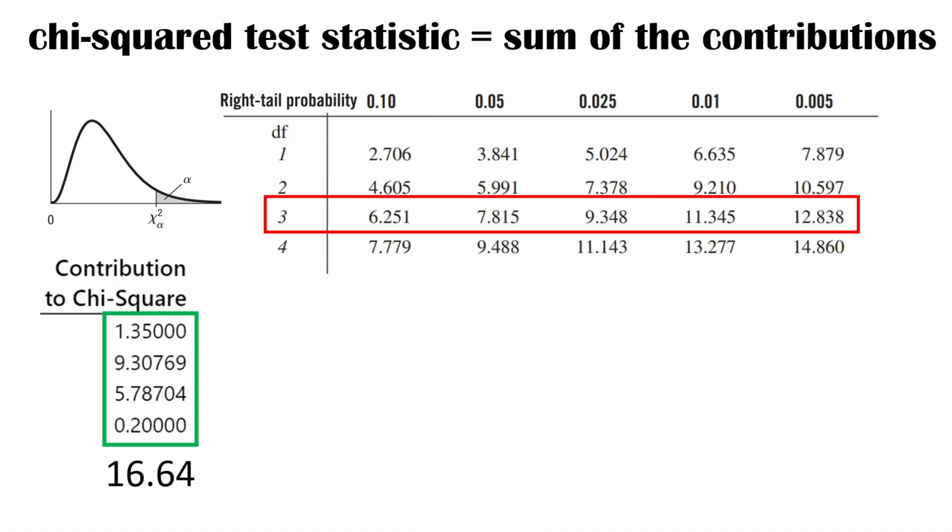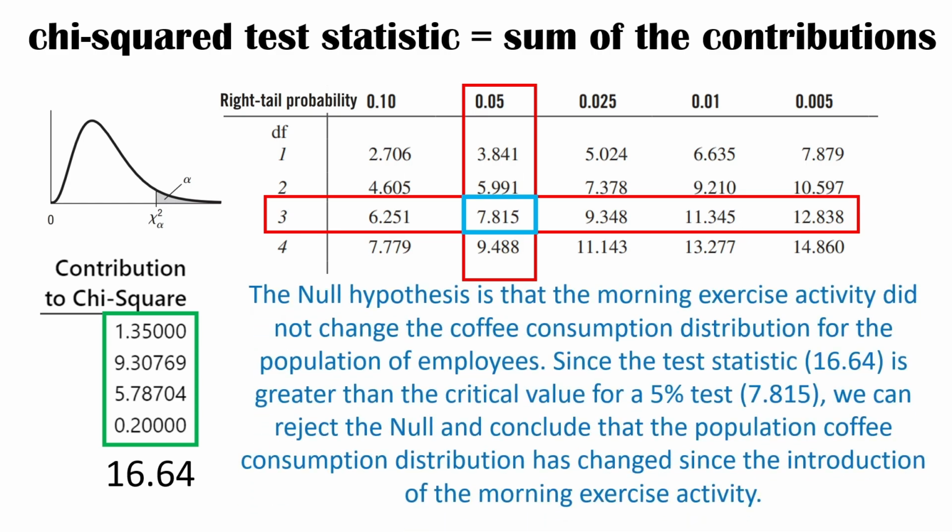We're conducting a, was it a 1%? No, it was a 5% test. And so the critical value is 7.815. So we can see that our test statistic is bigger than the critical value. So we're going to reject the null at the 5% level of significance. In this answer, I'm pointing out the null hypothesis just to remind you.